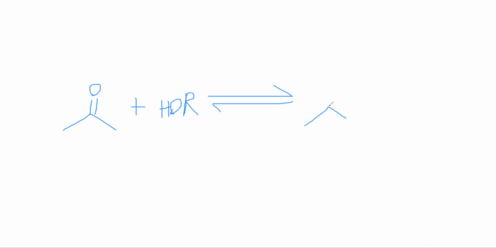In terms of determining, I guess I'll just draw this. I drew all of the arrows in that mechanism as equilibrium arrows. And if you're just looking at the reaction by itself, as a formula, it would look something like this.